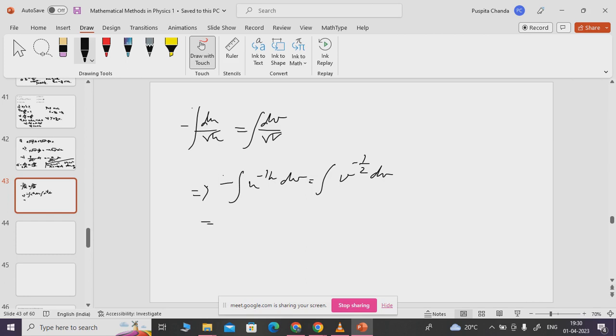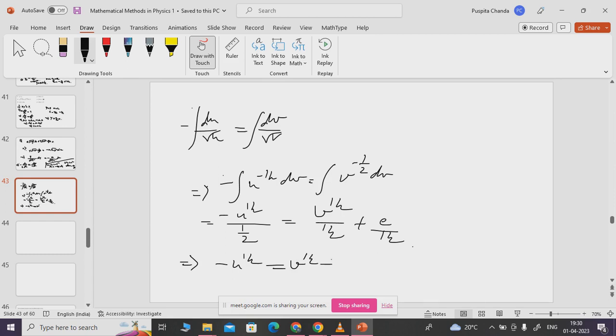So minus u to the power minus half du is equal to v to the power minus half dv, which will become minus u to the power half by half equals v to the power half by half plus c.